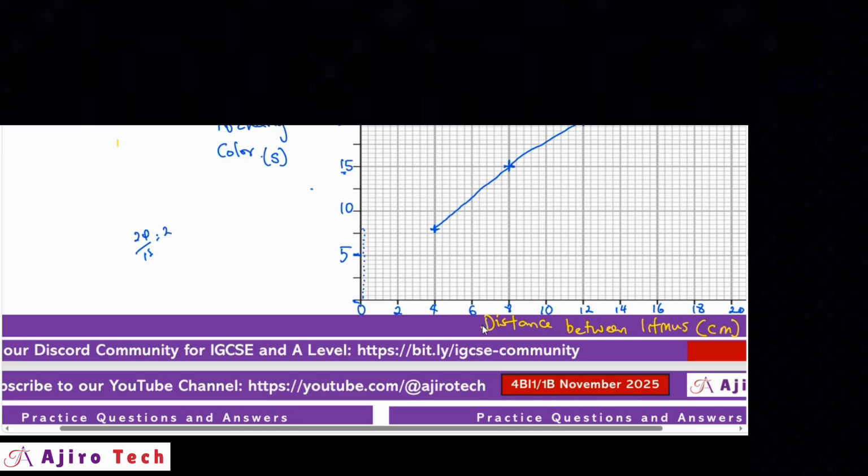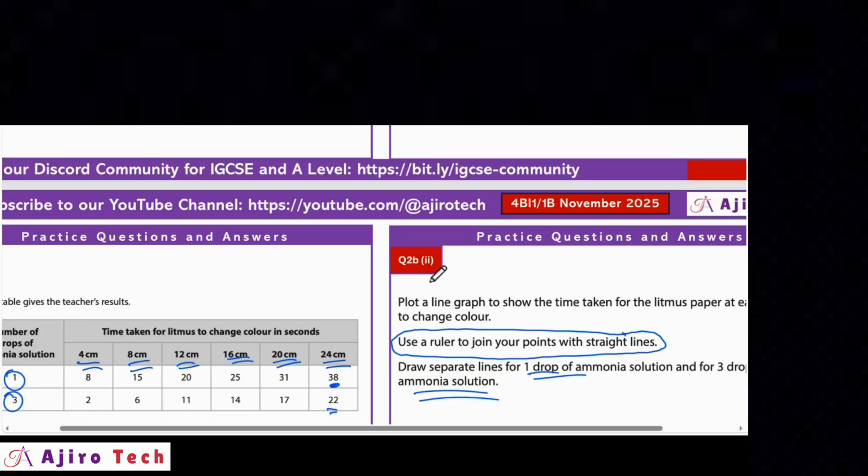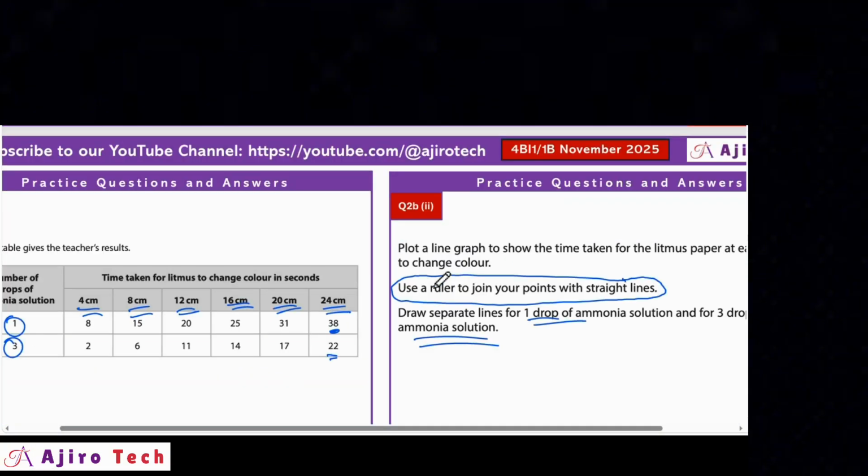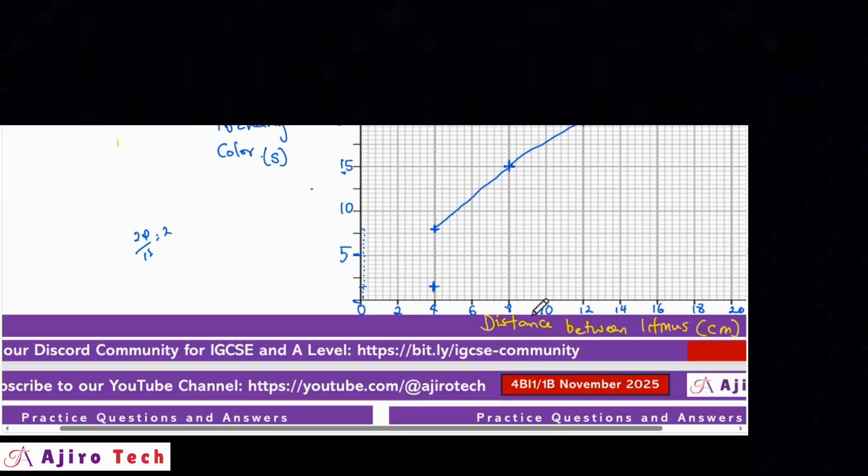So it's going to be somewhere here. Then 8 centimeter, 6. This is 8 centimeter. This is 6. 8 centimeter, 1, 2, 2 here. This is 6.